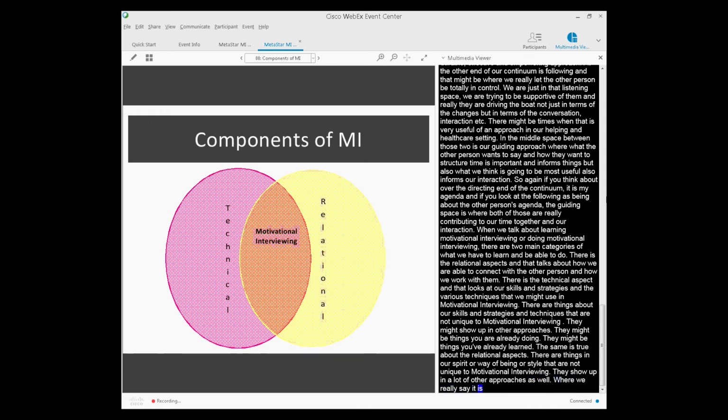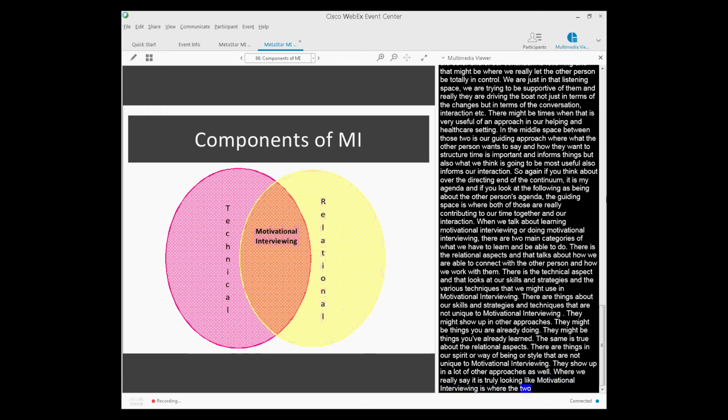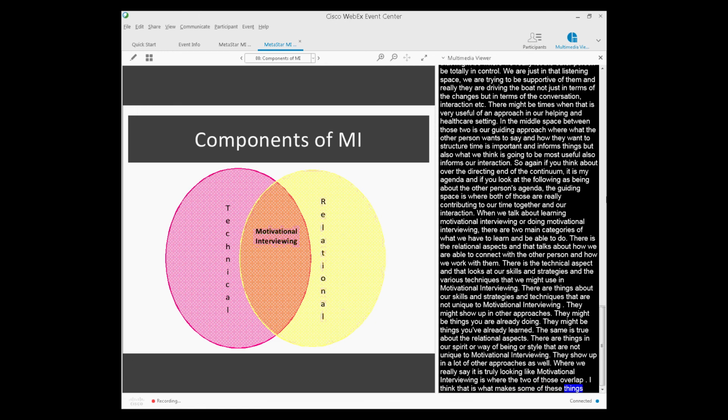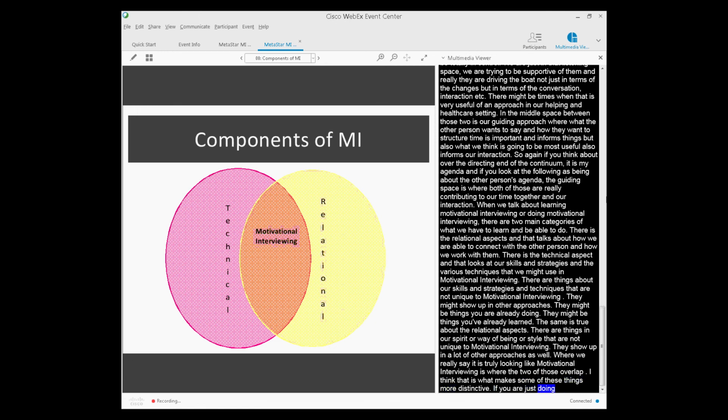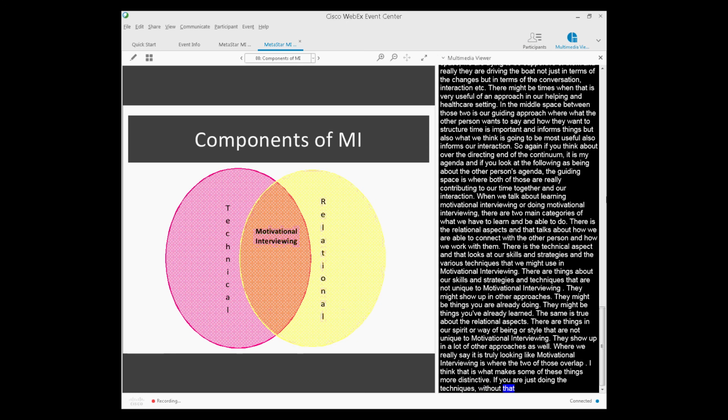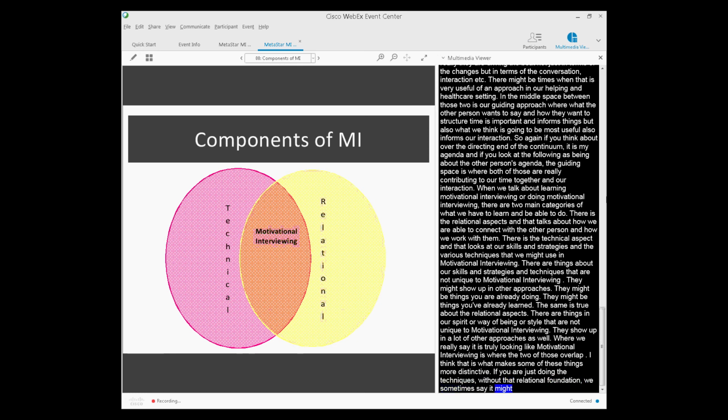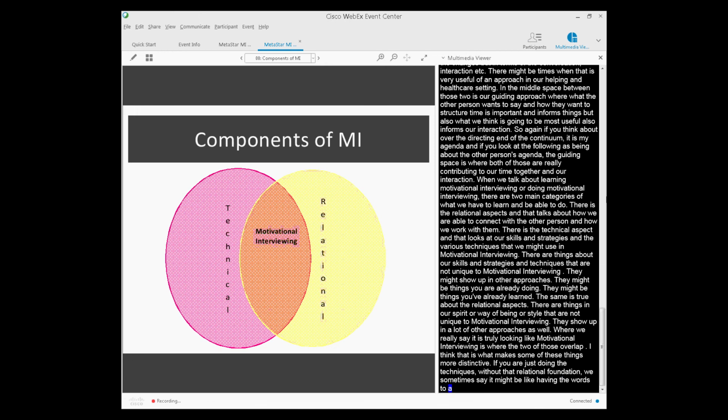And so I think that is what makes some of these things a little more distinctive. If you're just doing the techniques without that relational foundation, we sometimes say it might be like having the words to a song without the music, or, it starts to feel a little gimmicky and techniquey.